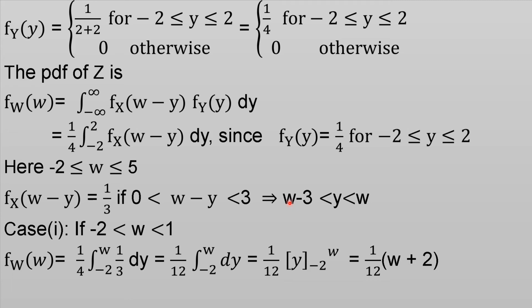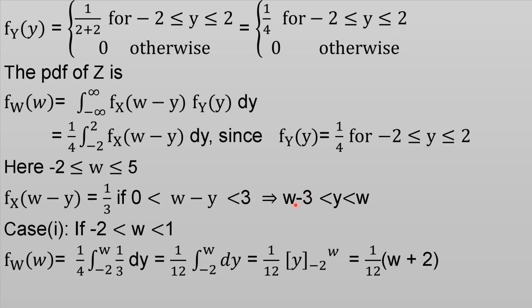When w is -2, w minus 3 will be -5. When w is 1, w minus 3 will be -2. So for all these w values between -2 and 1, w minus 3 lies between -5 and -2. But here the integration is with respect to y, and y lies between -2 and +2.